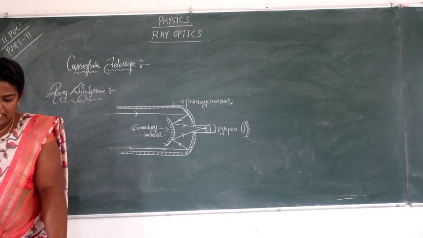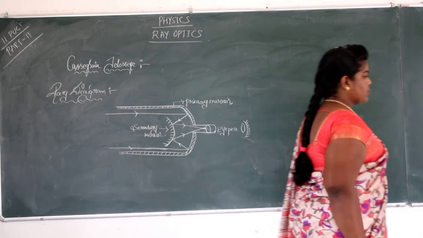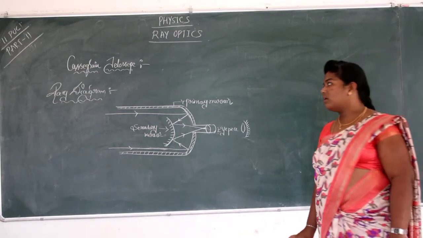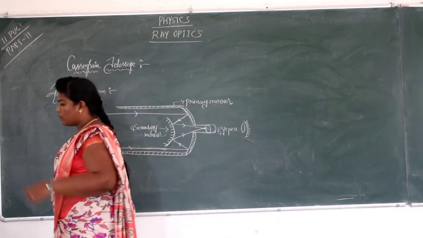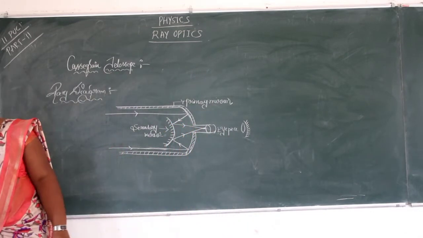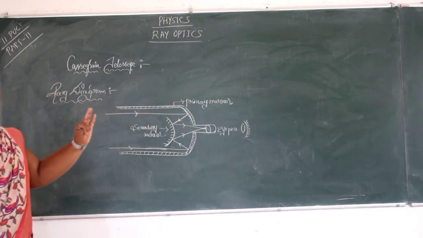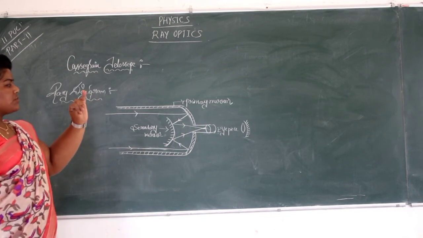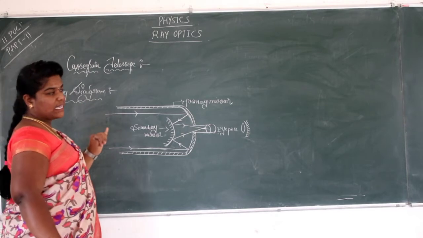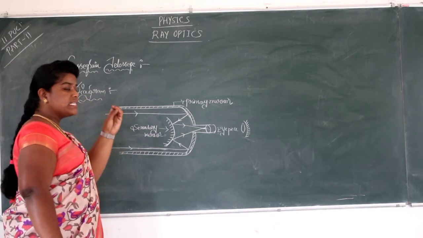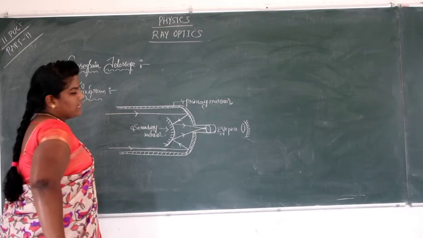And the last point is that the final image is very bright in the case of the reflecting telescope, but in the refracting telescope the final image is not that bright. That is why we call reflecting telescopes more advantageous than refracting telescopes. It is free from chromatic aberrations and spherical aberrations, it is of very low cost, the construction is very easy, the arrangement of the mirrors is very easy, the resolving power is very high, and the final image is very bright.